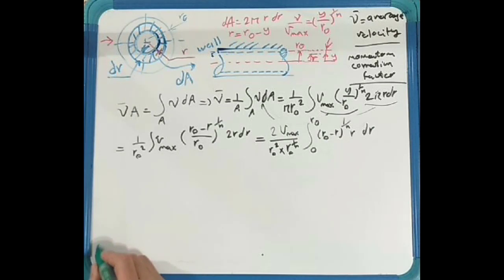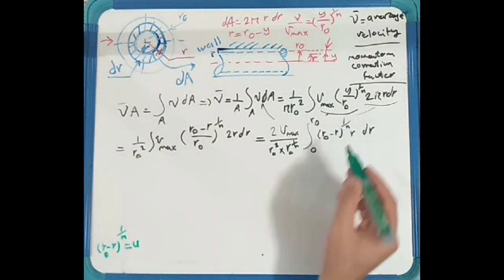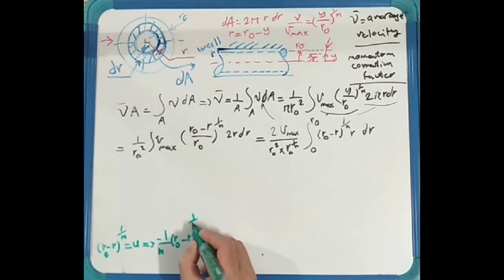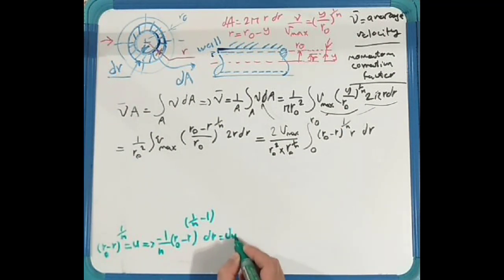If I name (R0 minus R) to the power of 1 over n as u, then 1 over n (R0 minus R) to the power of (1 over n minus 1) dr equals du. Okay, if I derive it from these two terms, I would have this one.